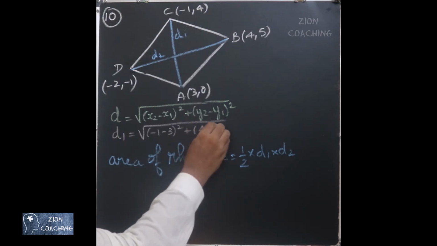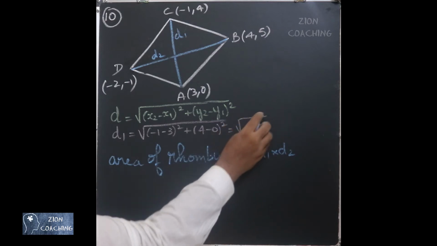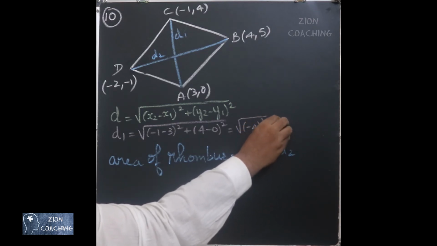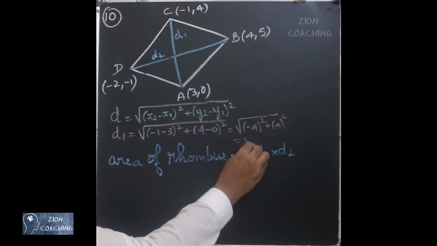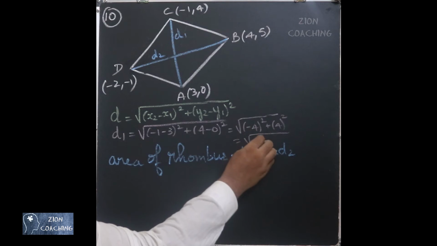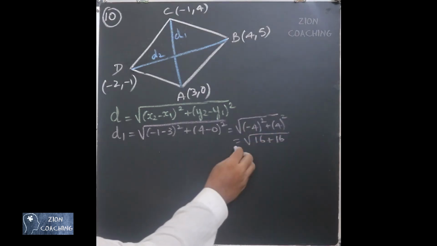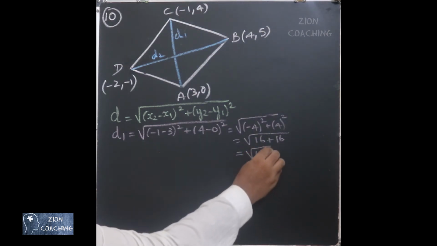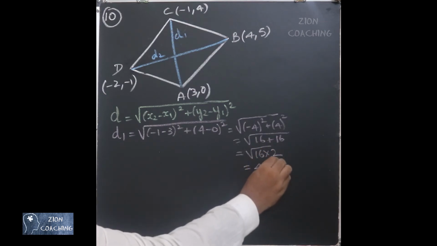So (4 minus 0) the whole square, which is nothing but the square root of (-4) the whole square plus 4 the whole square. That is going to be root of 16 plus 16. That is nothing but root of 16 into 2. So it is going to be 4 root 2 units.